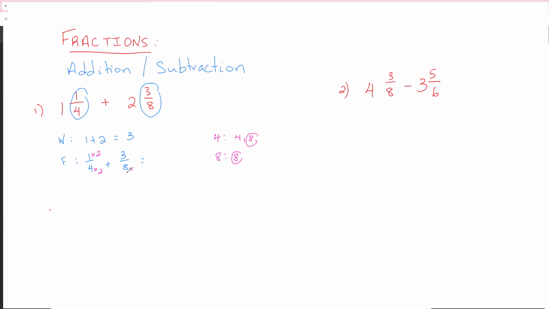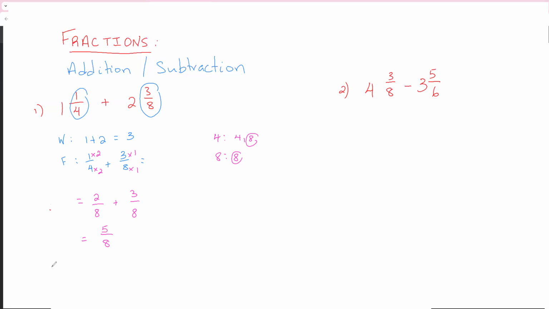Whatever I do to the bottom here to make this 8, I must also do it to the top. 2 ones are 2 over 8. 3 ones are 3 over 8. Denominators are the same. My denominator will stay the same. And then we add the numerators. 3 plus 2, that's 5.